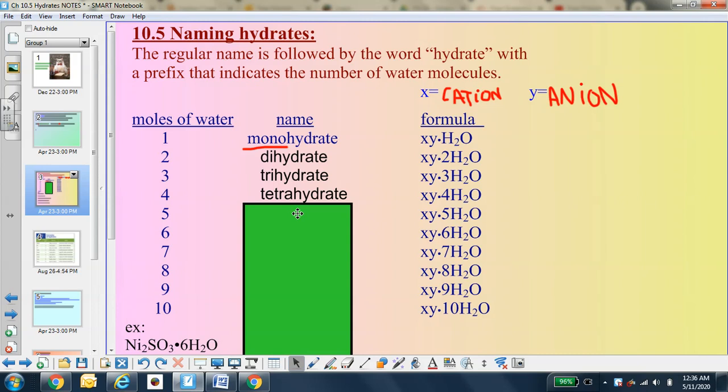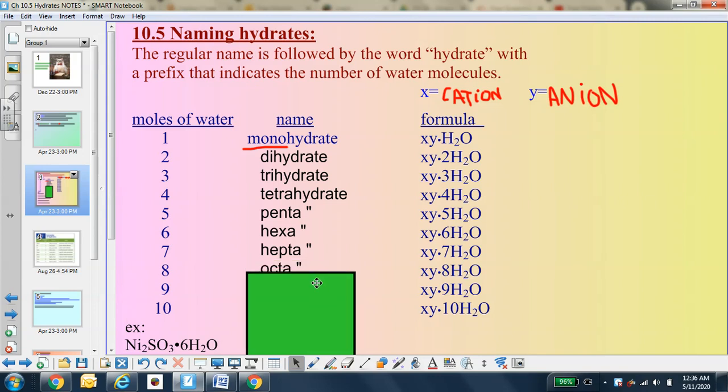How about 5? Pentahydrate. I put these little strike marks to indicate hydrate. How about 6? Hexa. You remember 7? Hepta. Everyone should know 8. Octa. 9, nona. And 10, deca. So 10 water molecules would be decahydrate.